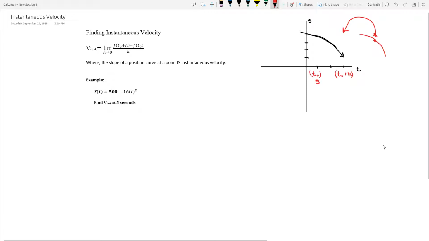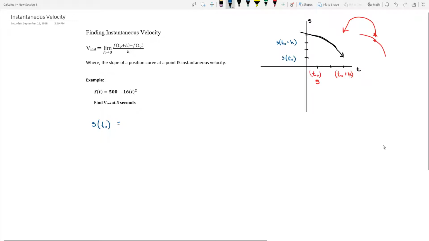So what we're going to do is essentially just the same steps that we've been using, which is to first let's find out what then s at t sub 0 would be. We can write that here. S at t sub 0, we would then have s at t sub 0 plus h.